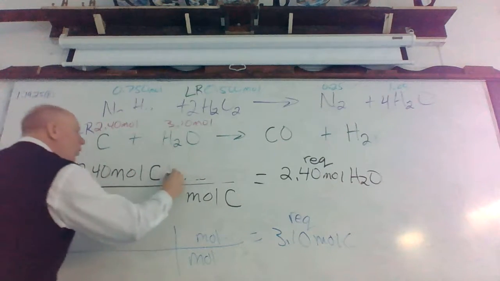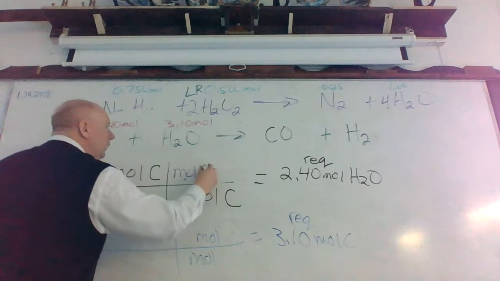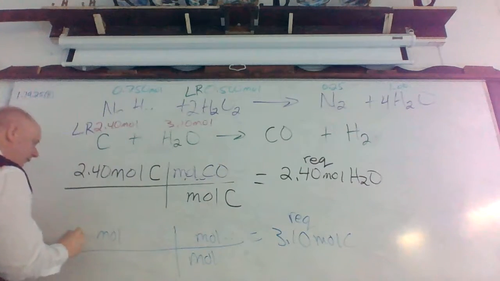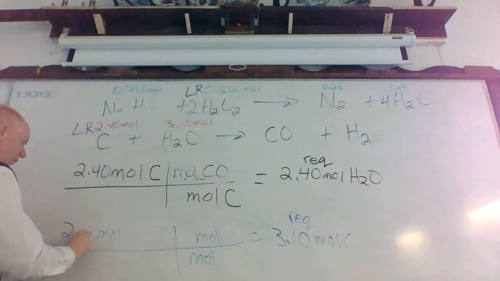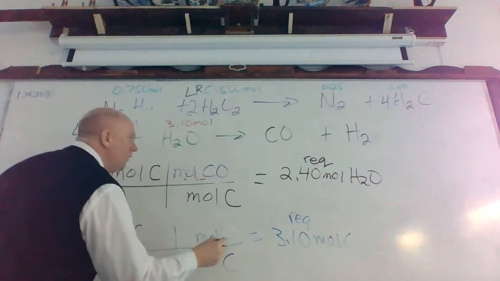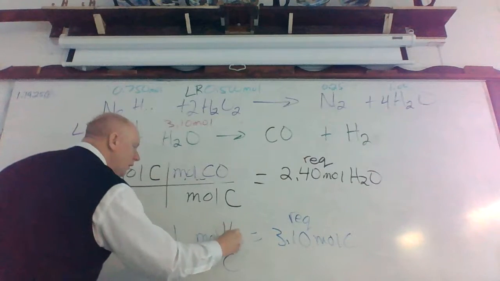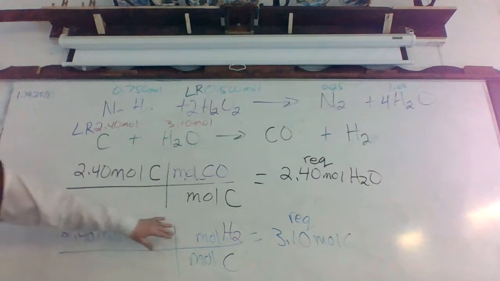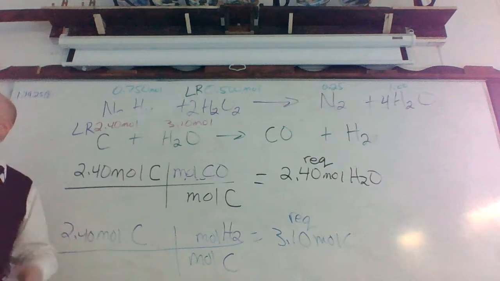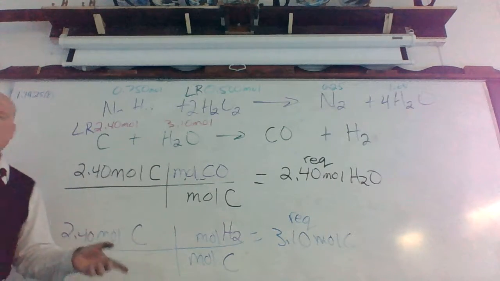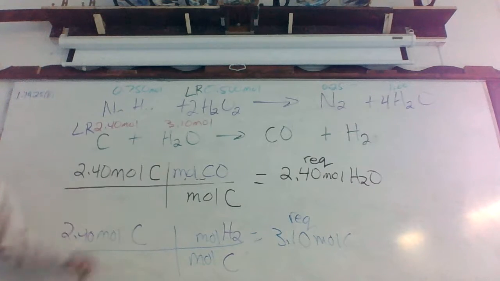So moles of, we'll just say carbon monoxide. Okay, so now we got our two products over here. Remember we said it's 2.4 for both of them. 2.4 times 1, 2.4. 2.4 times 1, 2.4. So that's how much of each product is formed. It doesn't say grams, otherwise there would be just one more step.